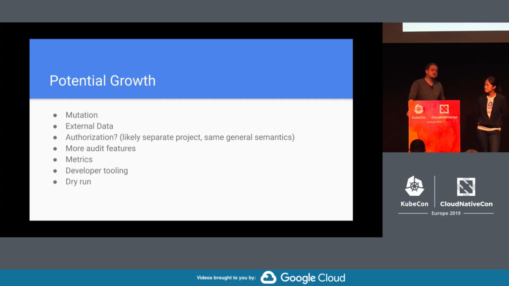Metrics for Prometheus, so you can instrument and alert against the project. View things like, oh, there's a lot of rejections happening, what's that about? Or just, this thing is behaving in a weird way. Developer tooling to help people write constraints. We want to make it easy for people to build things and share so the system can continue to evolve as Kubernetes evolves.